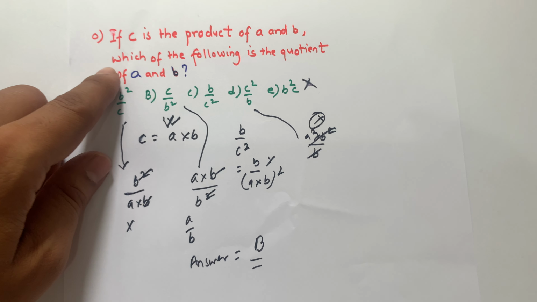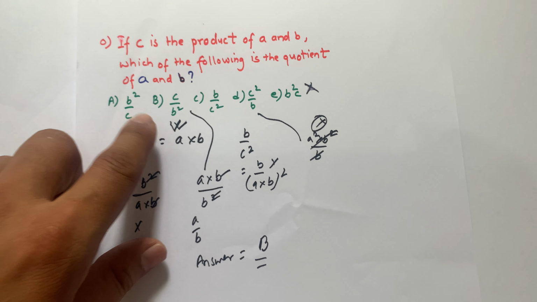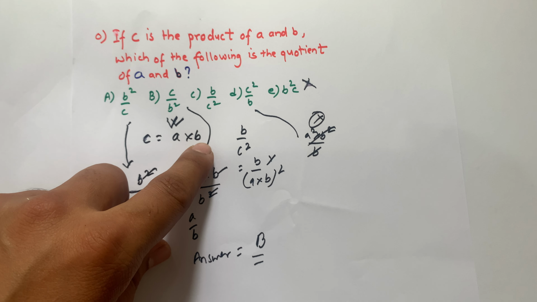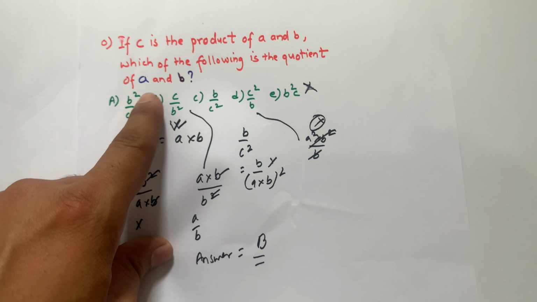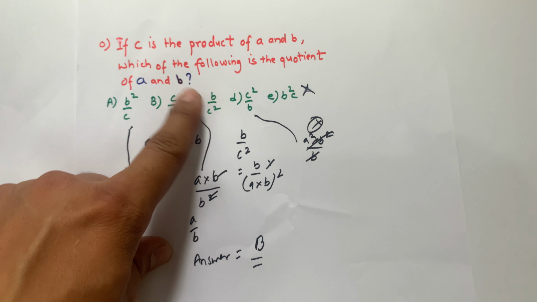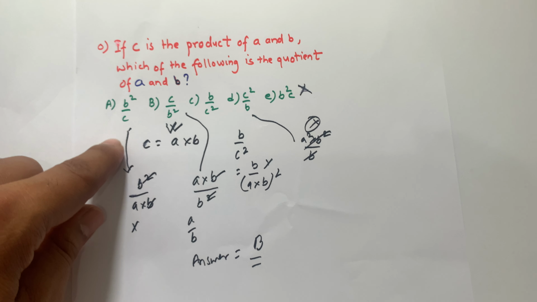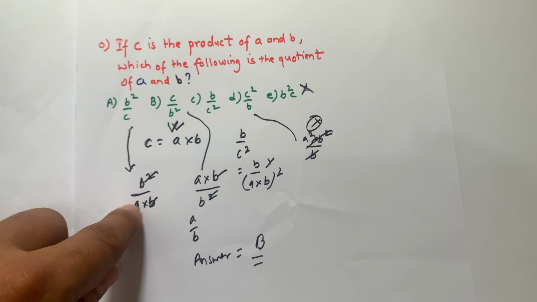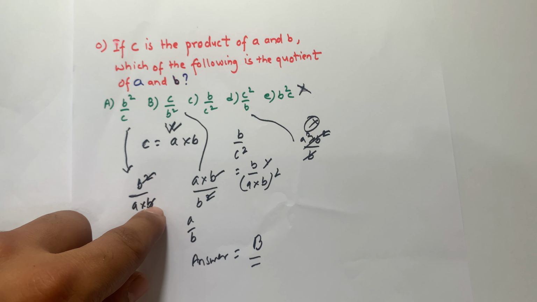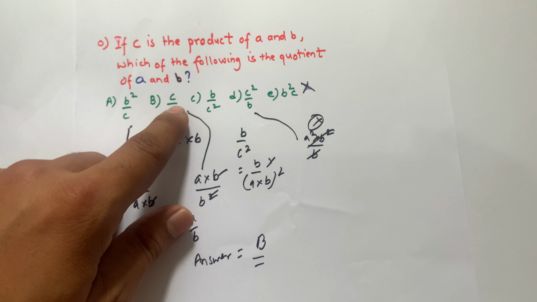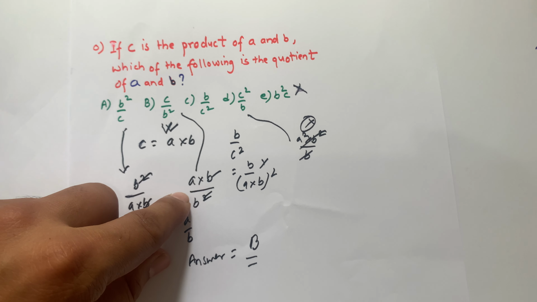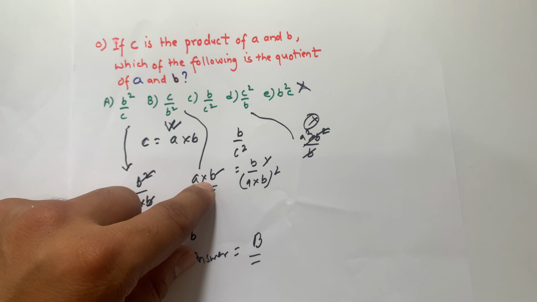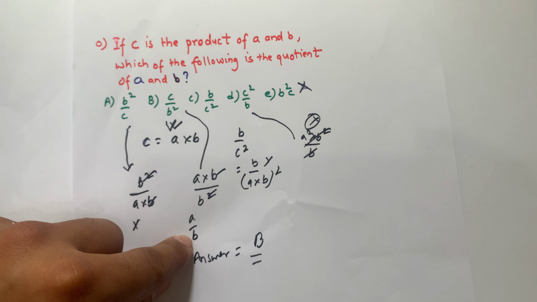Now the question is, if C is the product of A and B, given C is equal to A and B, which of the following is the quotient of A and B? Means A by B is which one? For this, B square, C means A into B, B by A, not the answer. C by B square, C means A into B given, then B square, this is the answer.